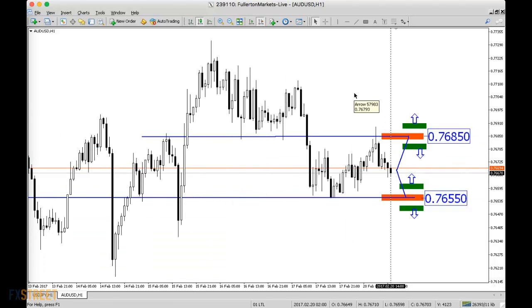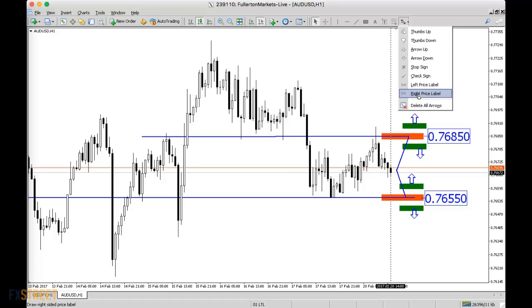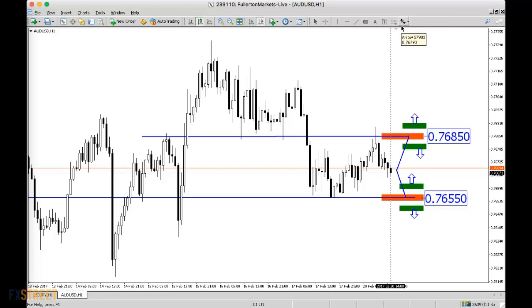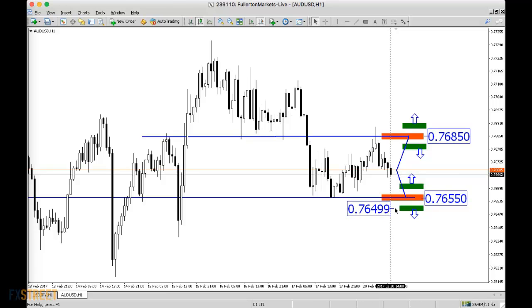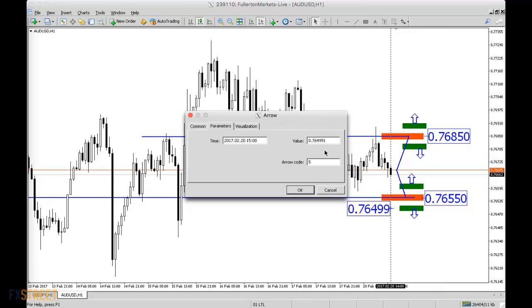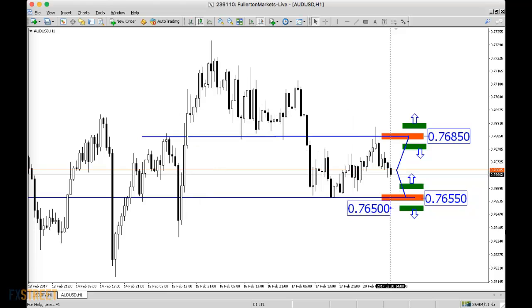Okay, I'm zooming in the chart so that now it becomes more visible. And I'm going to put some price labels so you have a reference to the green boxes, roughly what are the price areas that I'm looking at. Okay, the bottom one is about 0.7650 plus minus. That's where the green box is.